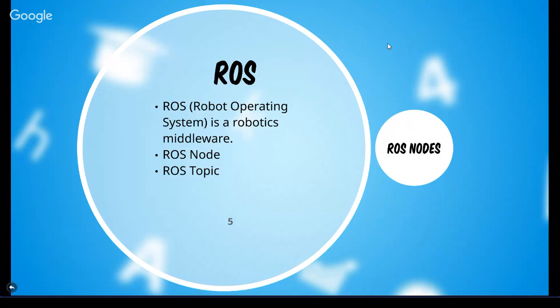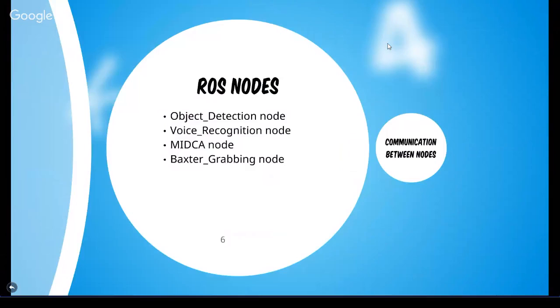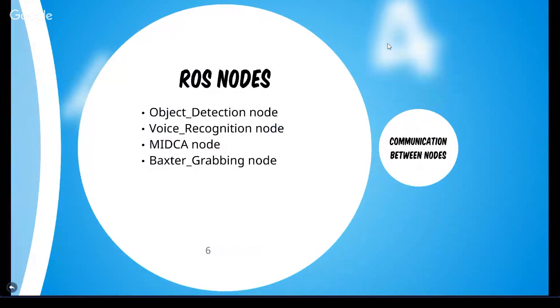Let me introduce the concepts of ROS node and ROS topic, as they can come in handy for my next slides. Consider a ROS node as an executable application, and a ROS topic is a communication between ROS nodes. So let's go deep into what the MIDCA and ROS interface has.